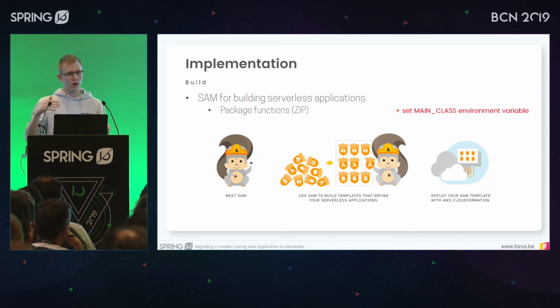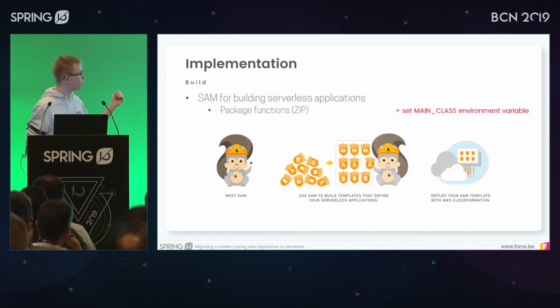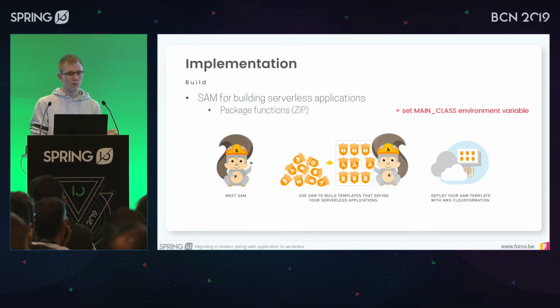Rather, AWS will interpret that zip file and take note of the handler, which we defined earlier for the Lambda, as its entry point for the function. So again, to make it actually work with Spring, we also need an extra variable, an environment variable of main class, just to define where a Spring context exists.